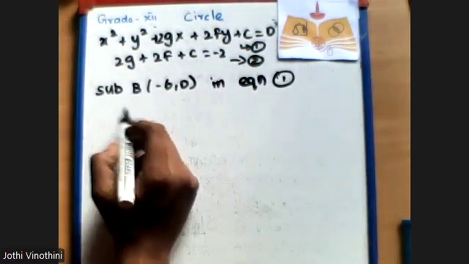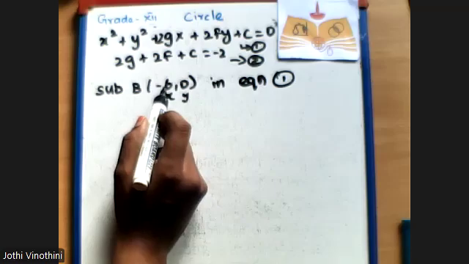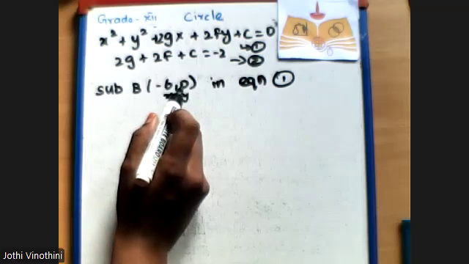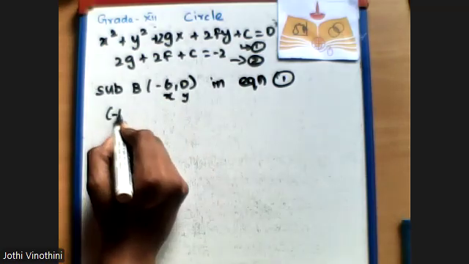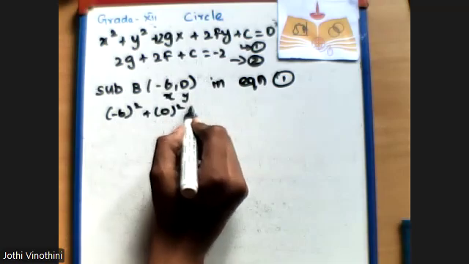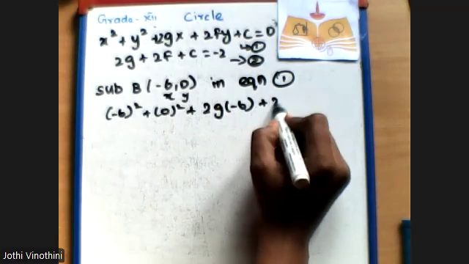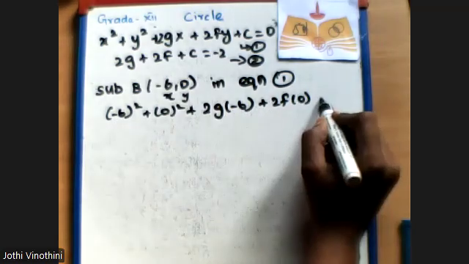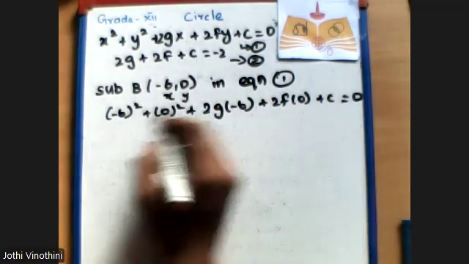So in place of x, we are going to substitute minus 6. In place of y, we are going to substitute 0. So x squared will be minus 6 the whole square, plus y squared will be 0 squared, plus 2g into minus 6 plus 2f into 0 plus c equals 0. Clear?